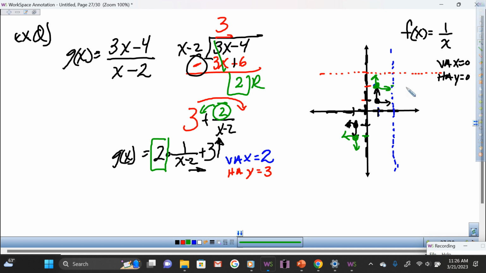We got 1, 2, and 3 up. Now I'm going to move this one. 2 to the right. 1, 2, 1, 2, 3. And there you go. We ended up with this one up here and with this one down here.